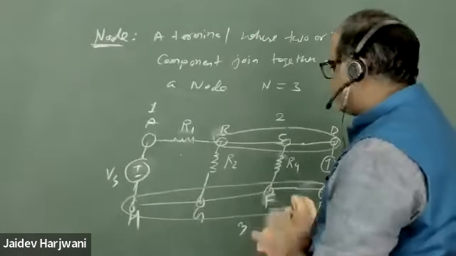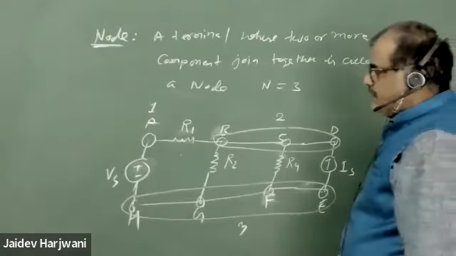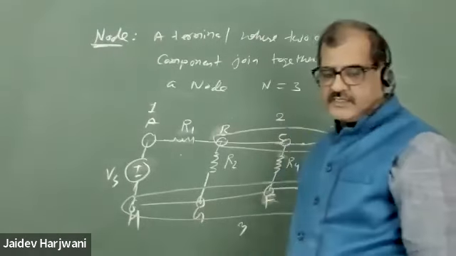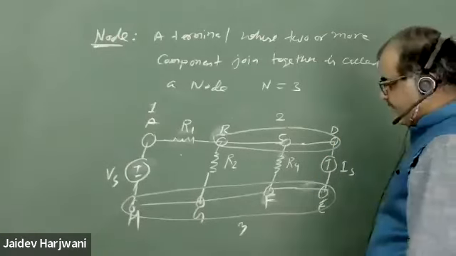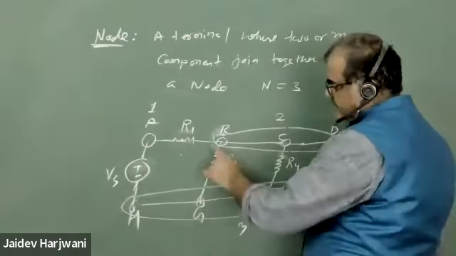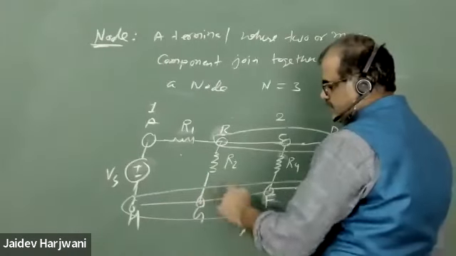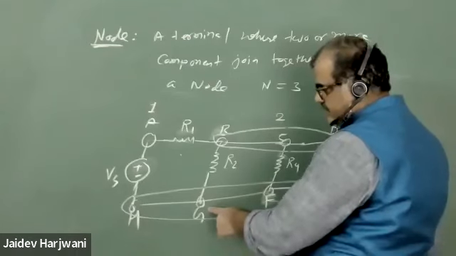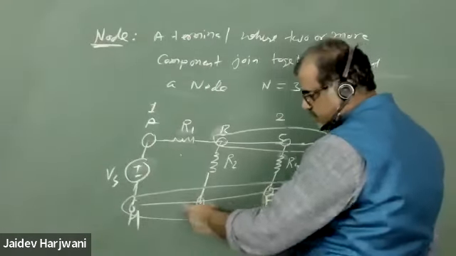Now the second definition is what is branch. B to G, there is resistance, so the potential will not be the same here. G is a node.